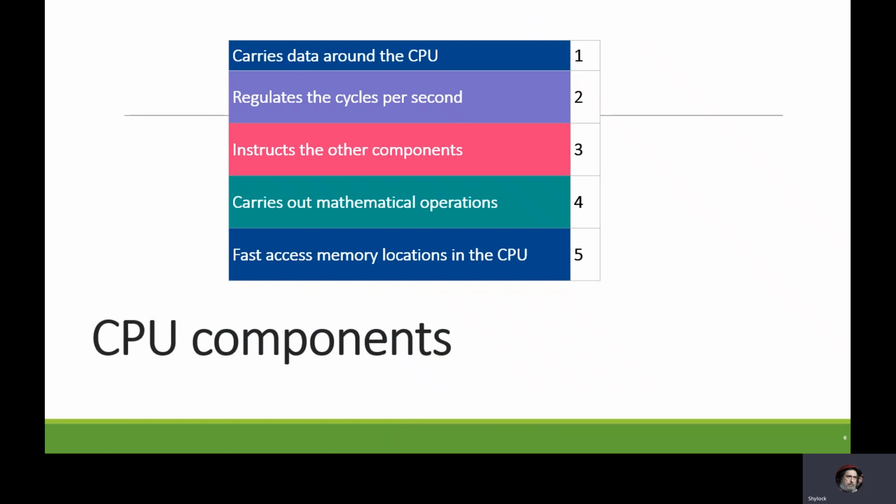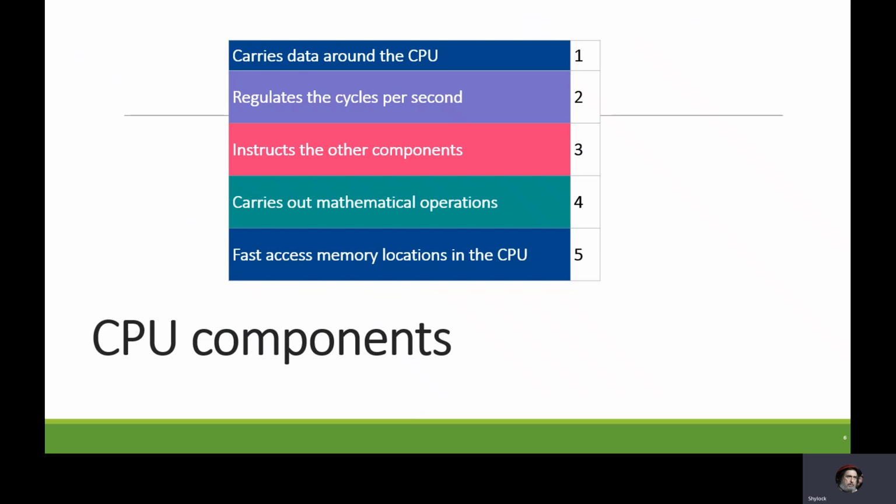Now there are some CPU components. The first one, which carries data around the CPU, is the data bus. What regulates the cycles per second is the clock speed. What instructs the other components is the control unit, and this control unit instructs all the other components.